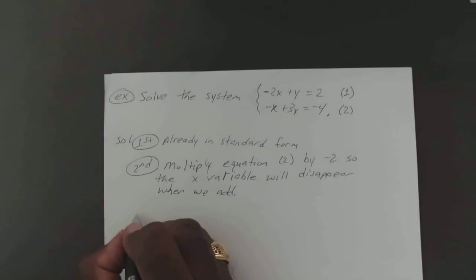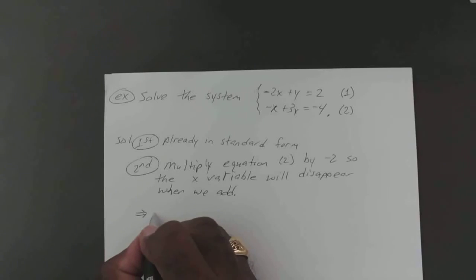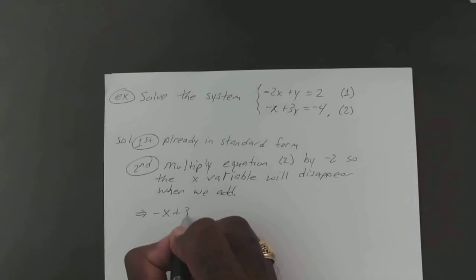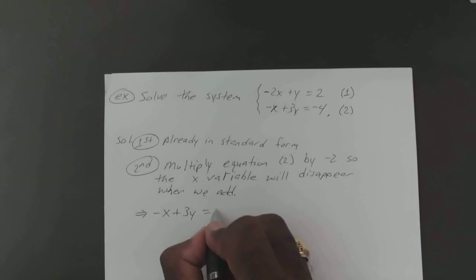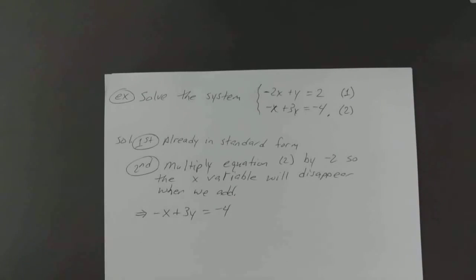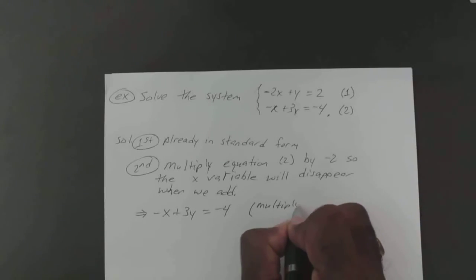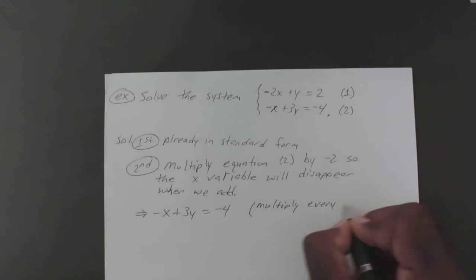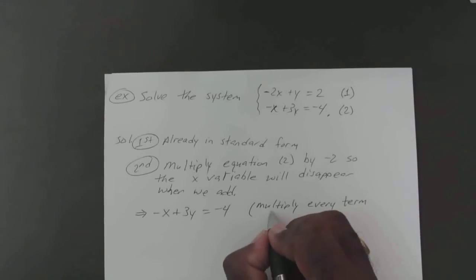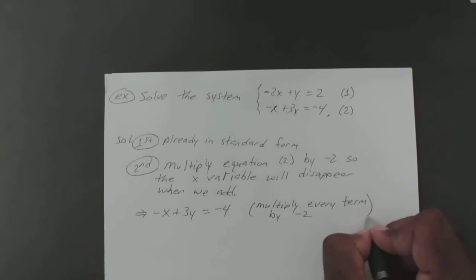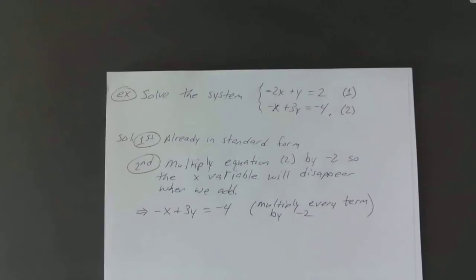Okay, so let's go ahead and do that. So that means our negative x plus 3y equals negative 4, we have to multiply every term by -2. So multiply every term by -2. Okay, that's the only way the equation is still going to have the same value.